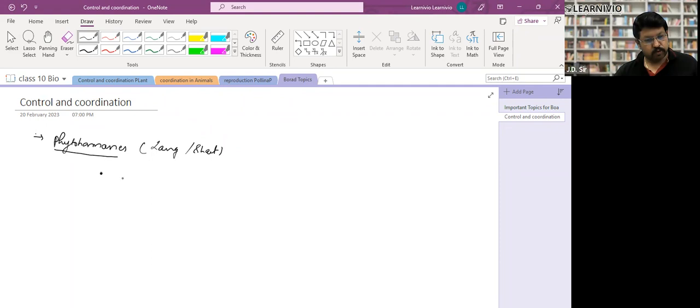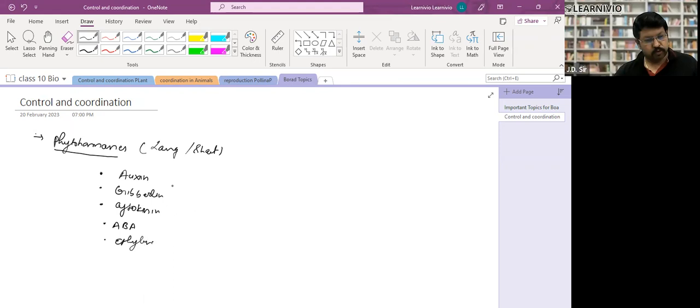If they ask you a short question, either they will ask about auxin, or gibberellin individually, or cytokinin, or abscisic acid, ABA, or ethylene.